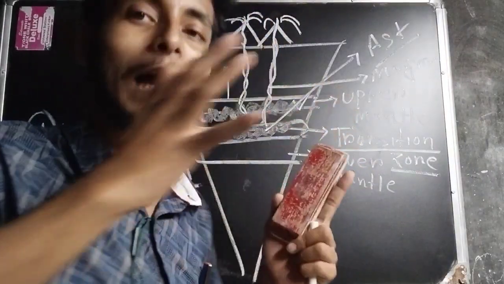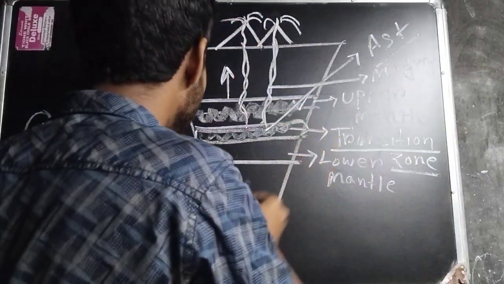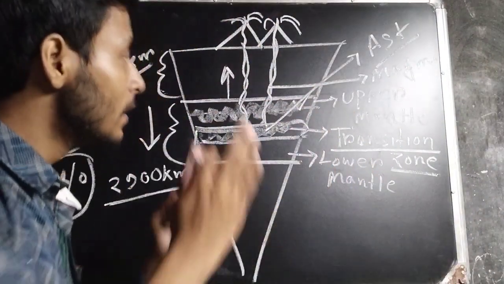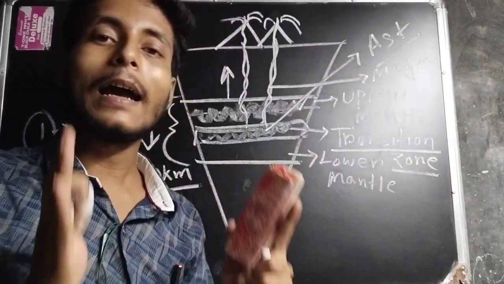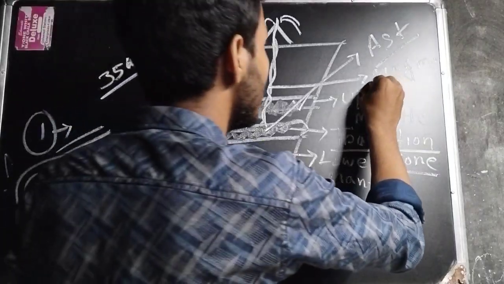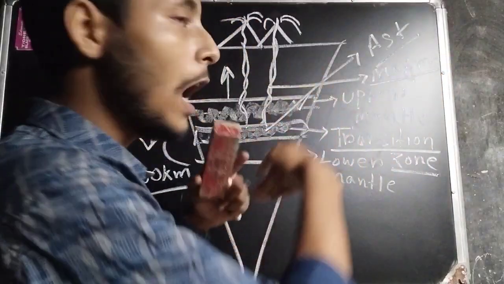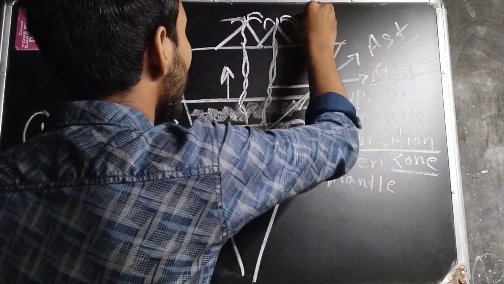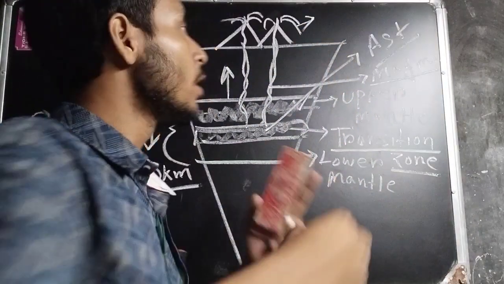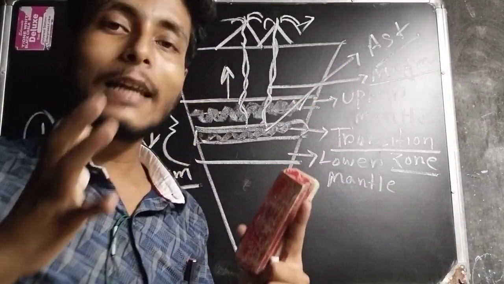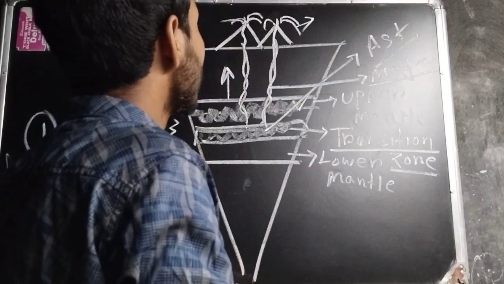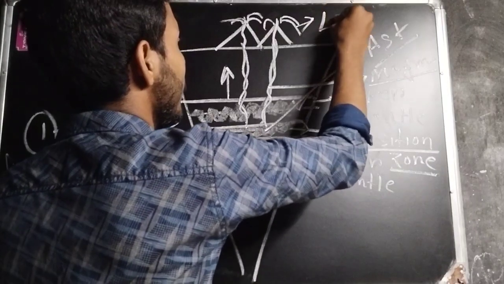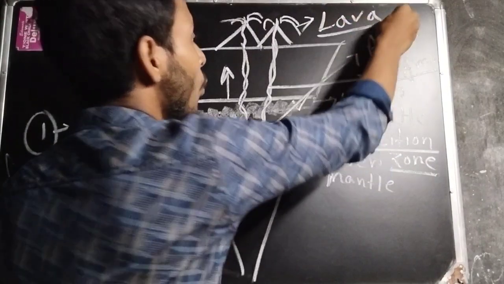When it is inside the earth, in the asthenosphere, it is called magma. When it is outside of the earth, getting out from a volcanic eruption, it is called lava. L-A-V-A. We all know this.